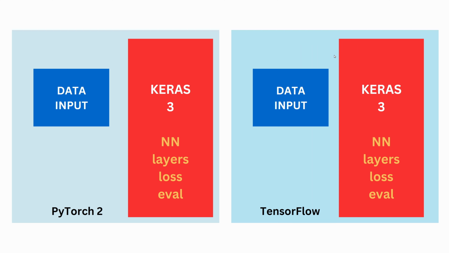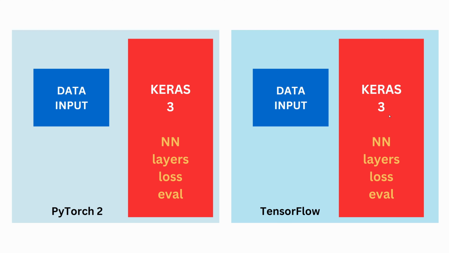The same here if you go from PyTorch to TensorFlow. Yes, your data input pipeline might be different because in TensorFlow, the data are handled in different formats, in different ways, but the core Keras 3 will be the same, and I think this is the amazing thing that is coming up this autumn 2023.